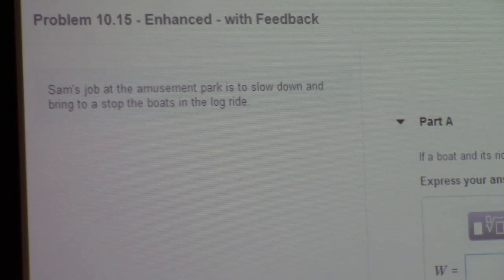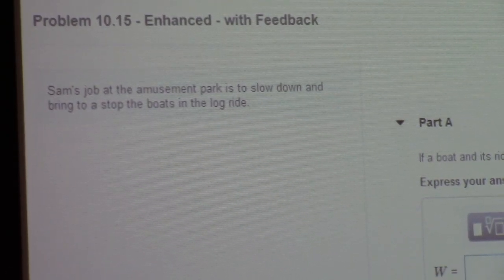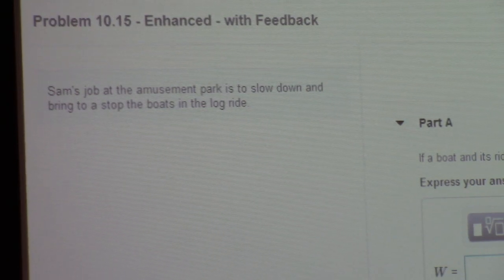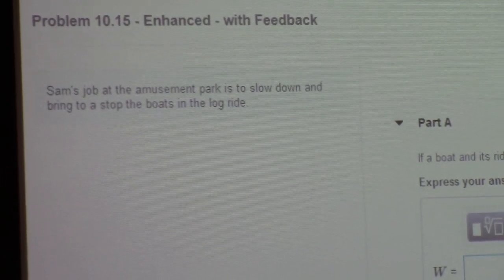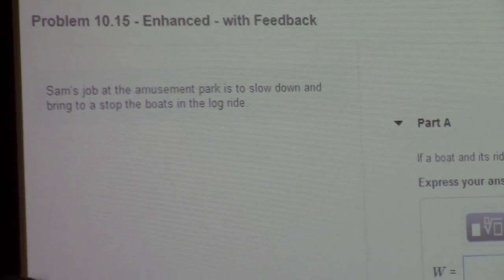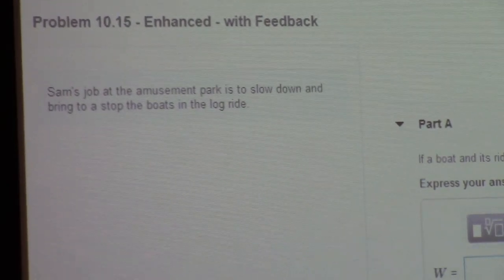The boats come in, the ride's over, and Sam has to touch them and slow them down. So Sam's force is this way while the log is moving that way, so Sam's work is actually negative. The log's coming in, Sam grabs it, and Sam's force on the log is back this way, and that slows it down.